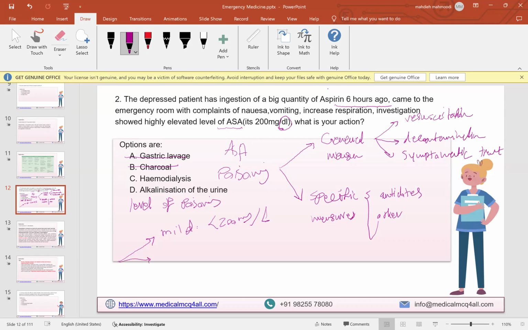Moderate poisoning, the levels are between 200 and 700 milligram per liter. For these patients, you do urinary alkalinization. How much is the goal pH for your urine?